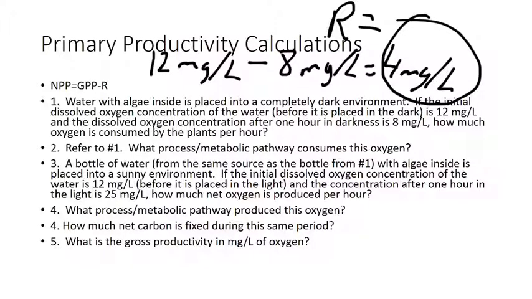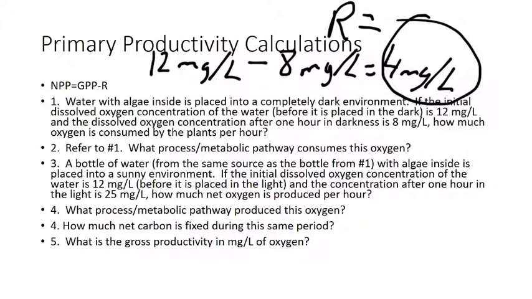Question 2. What process or metabolic pathway consumes this oxygen? This past year on the AP exam, it was pretty obvious that a lot of students didn't know what the word metabolic pathway meant. A metabolic pathway is a chemical process. Usually it's a multi-stepped process. It involves multiple enzymes that carry out some function in an organism.